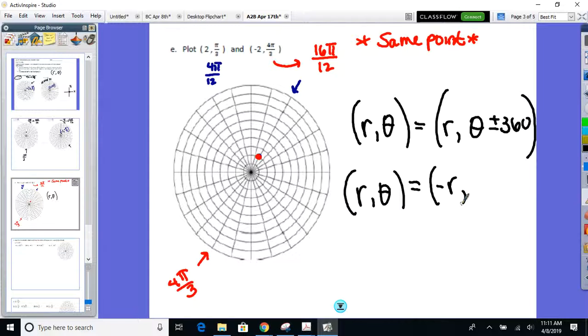Add or subtract 180. Which is, quick review, what in radians? Pi. Yep, pi. Okay, so these are two different ways I could get the same exact point. All right, I'm going to go real slow here because we only have 2 more problems? Good talk.